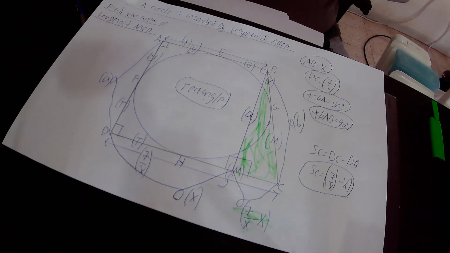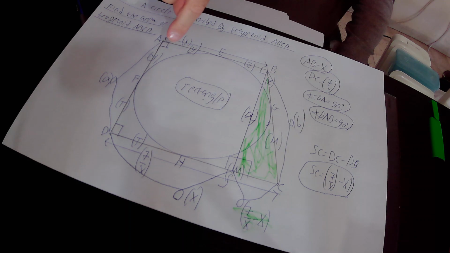In the next step, we label the points of tangency of this trapezoid ABCD with this circle using letters.